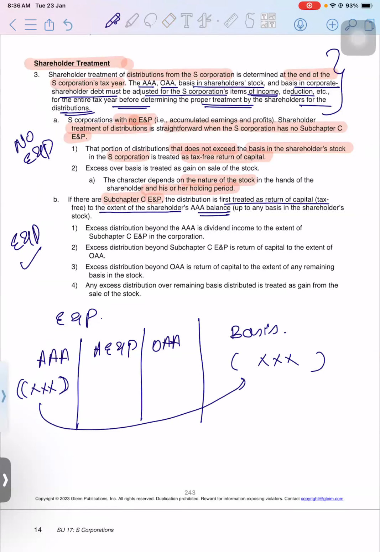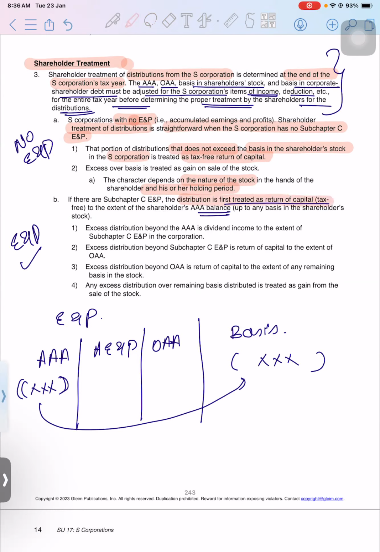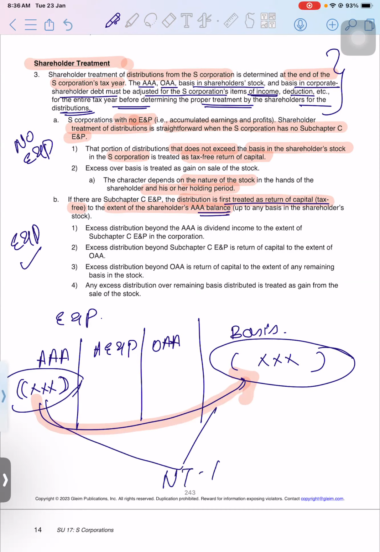If the shareholder has a subchapter C ENP, the distribution is first treated as a return of capital, tax-free, to the extent of the shareholder's AAA. Up to this AAA balance, it will reduce the basis, and up to these two amounts it will be non-taxable because it is a return of capital.